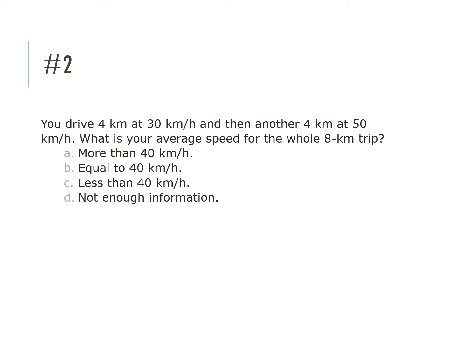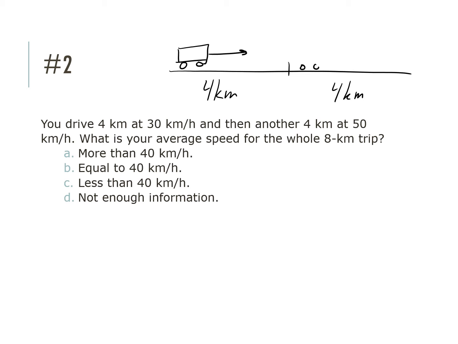So question 2 here is a little bit tricky. Basically you're going 4 kilometers and then 4 additional kilometers. And in the 2 locations, you are going different speeds, technically speed, because we're just moving in the one direction, or the velocity is to the right.